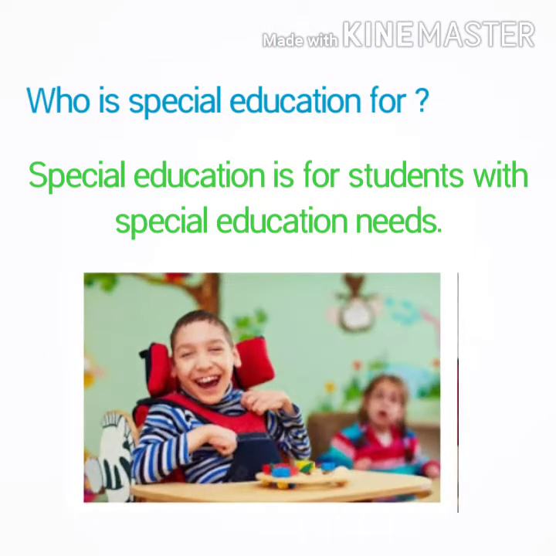So, who is special education for? So, special education is for students with special education needs. So, this may be students who have generally difficulty with some parts of their learning at school or seem to have difficulty with all kinds of learning.